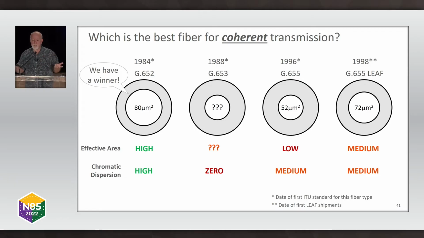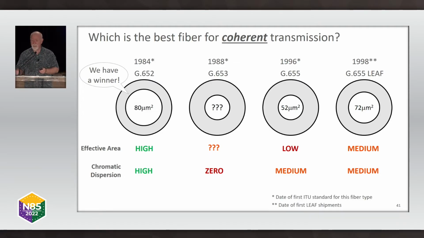Now that we're using coherent transponders, we can compensate for high chromatic dispersion, so we don't mind the high chromatic dispersion in a G652 fiber. It's quite ironic that the oldest kind of single mode fiber around is actually one of the best fibers for coherent transmission. Although, of course, it would now be more modern G652 fiber.